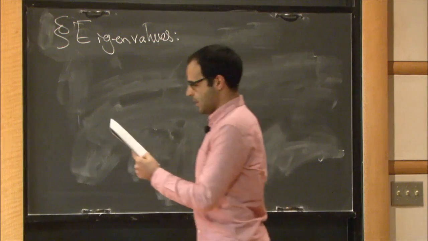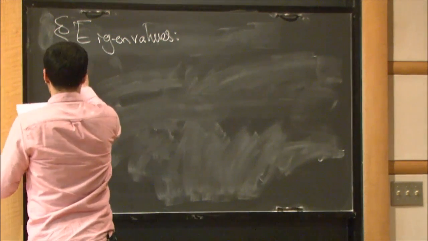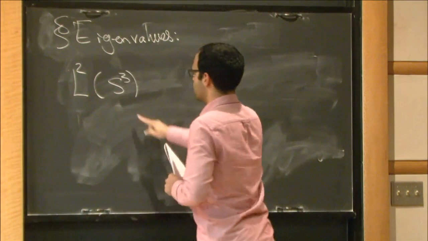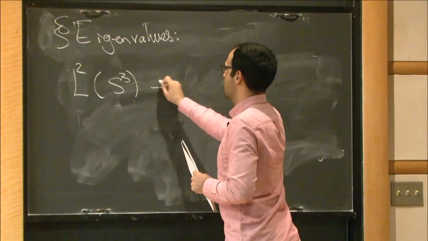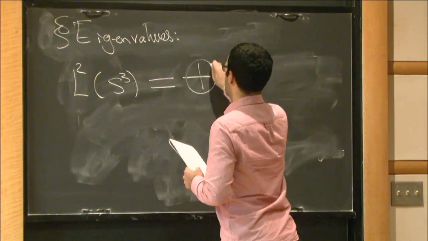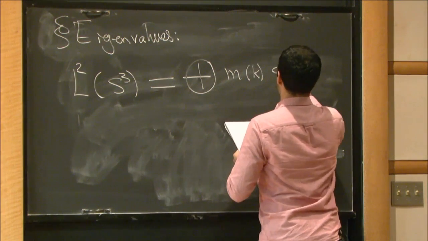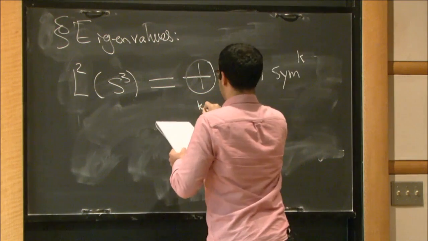Again, we look at the space of L2 functions on the sphere. SU2 acts on this space, and it decomposes into some irreducible representations with some multiplicities.